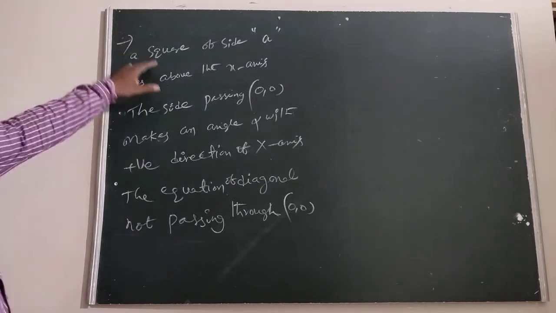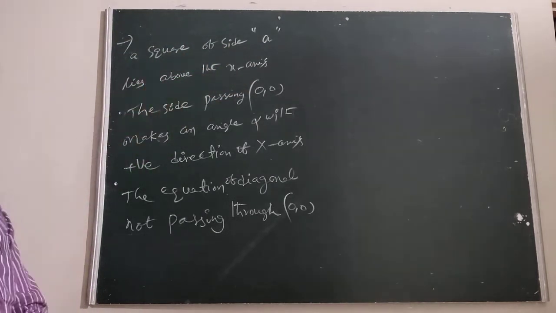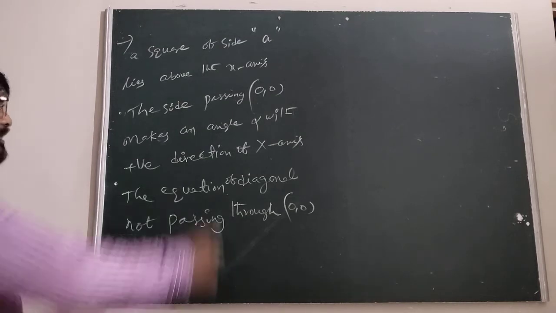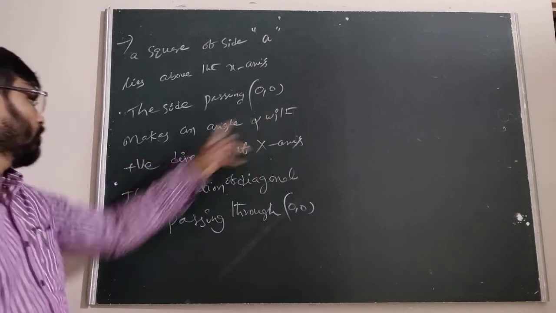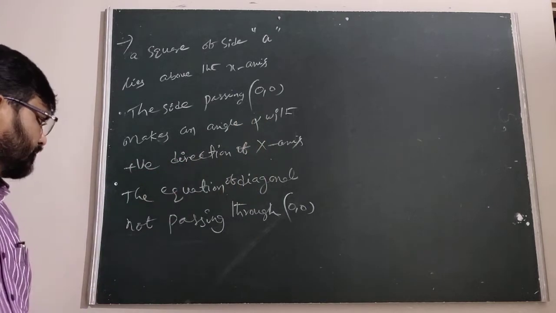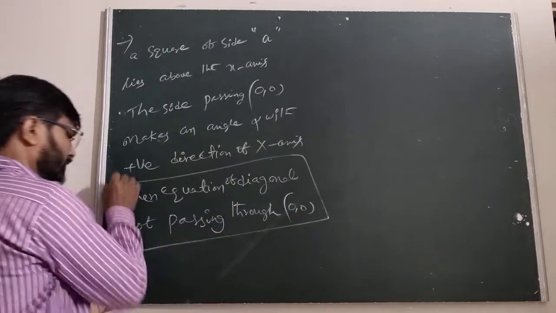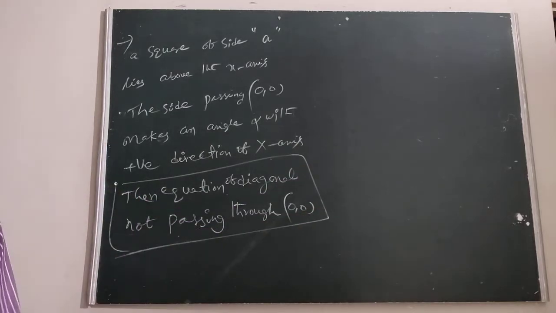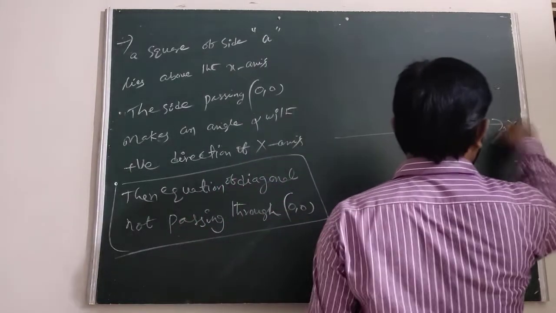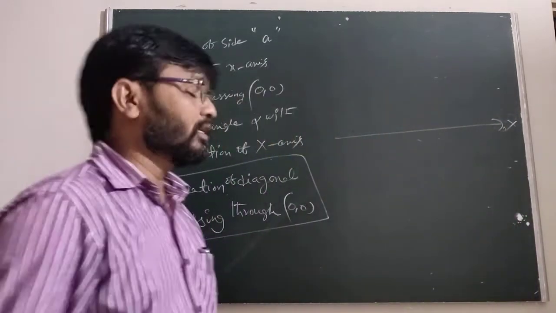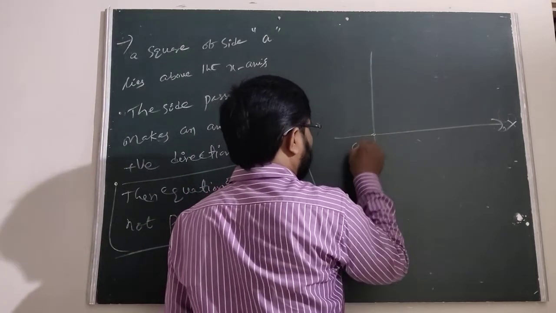A square of side A lies above the x-axis. A side is passing through the origin and makes an angle alpha with the positive direction of the x-axis. Then find the equation of the diagonal which is not passing through the origin. Is it clear? Now we have to take the x-axis, this one. All of you listen. A side lies, this is the origin.